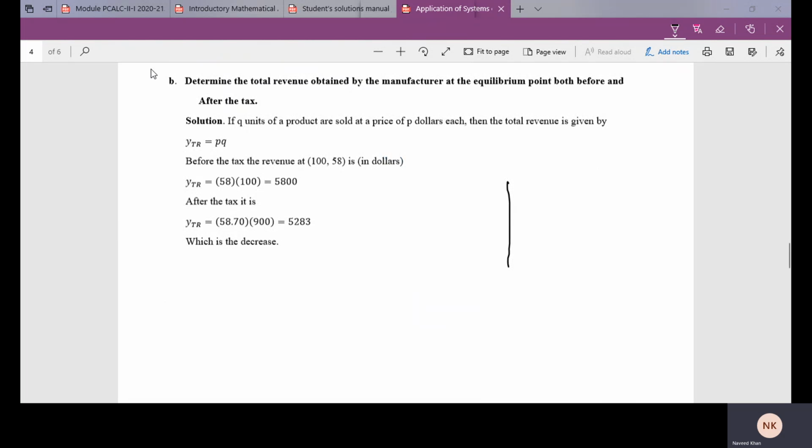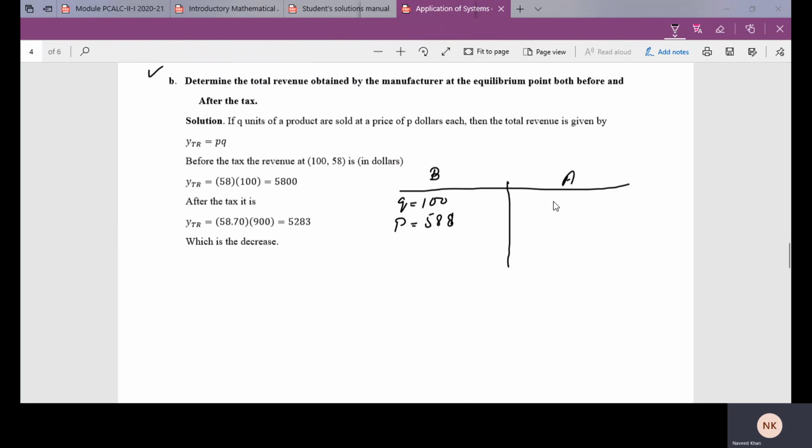So here the question is: determine the total revenue obtained by the manufacturer at the equilibrium point both before and after tax. So here I need to find out before tax, and here after tax. Before tax, Q was 100 and price was $58.